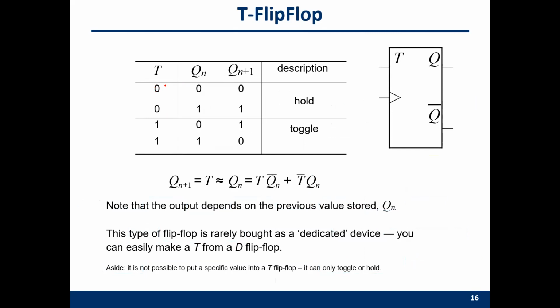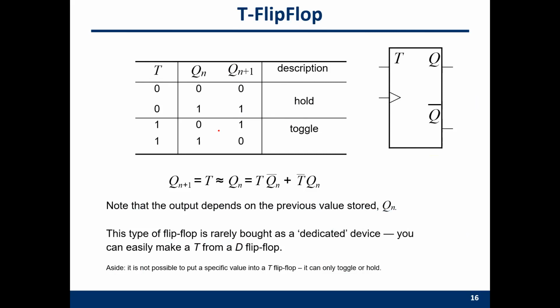So when the T is 0 at the rising edge, the output of the next cycle will not change. It will have a hold operation. But when the T is 1, then you have a toggle operation, an inversion operation. So if it's 0, it will change to 1.